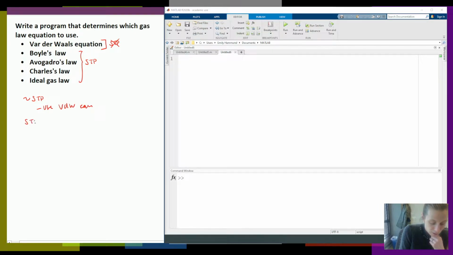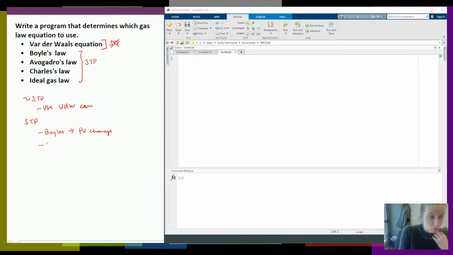And then if I'm at STP, now I have one of many options. So then I need to choose between Boyle's law, Avogadro's law, Charles' law, and the ideal gas law. Boyle's law is going to occur when I'm varying only pressure and volume.